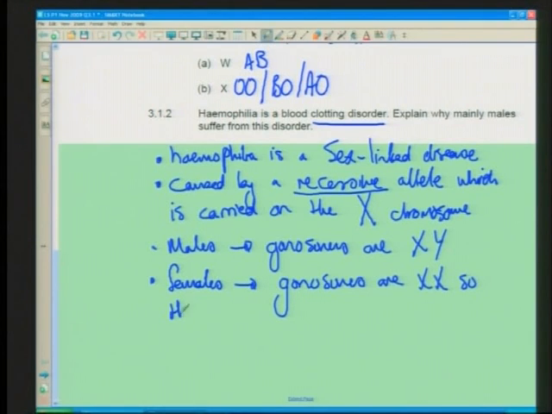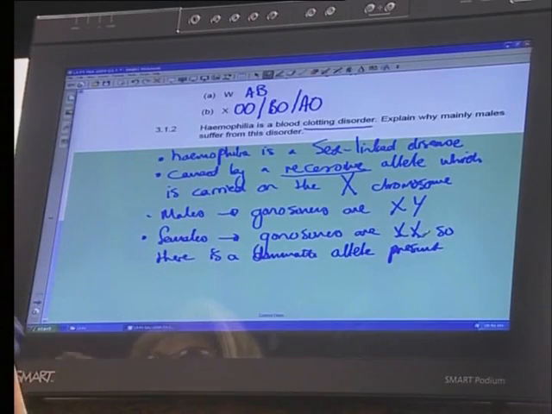So there is a dominant allele present. If it's sitting there and there, you've got this allele here, which will cancel it out. And that is why only men get it.